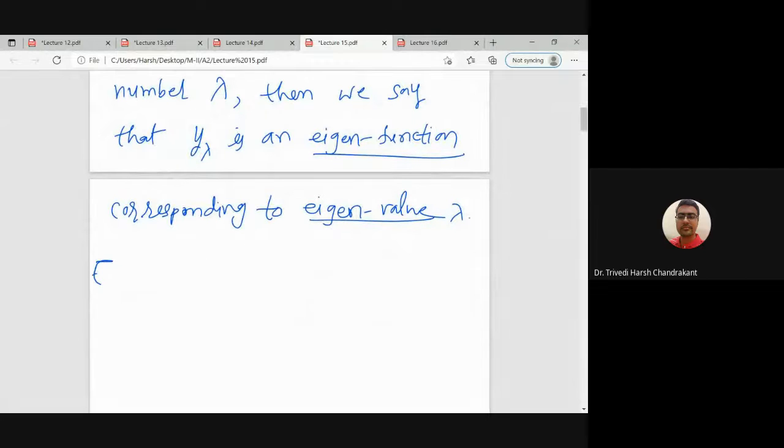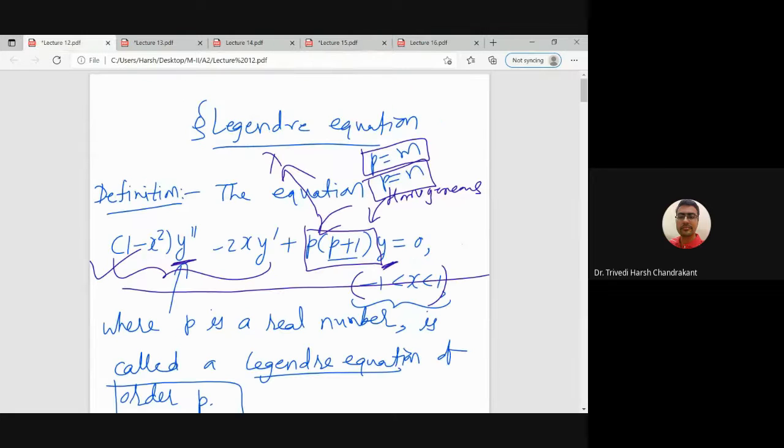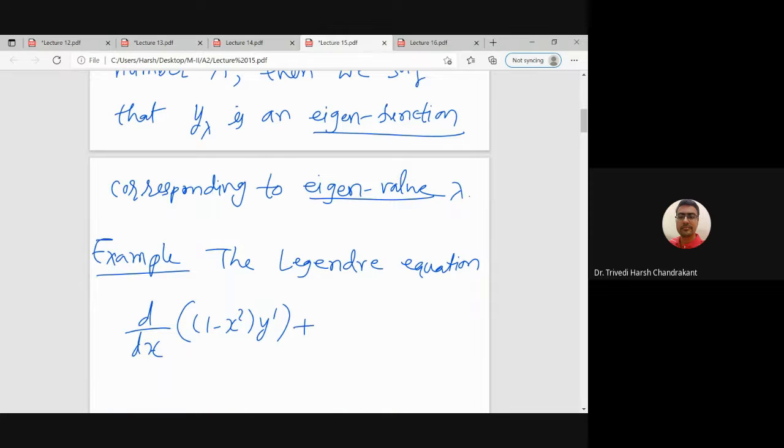So let us take one example. The Legendre equation, that is nothing but derivative of (1 minus x squared) times y dash, so that is this part, plus n(n+1) times y is equal to 0.